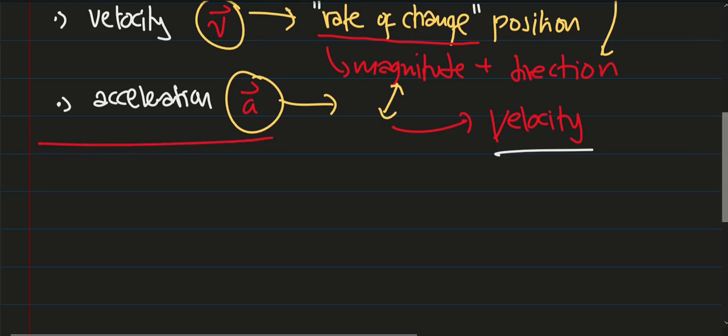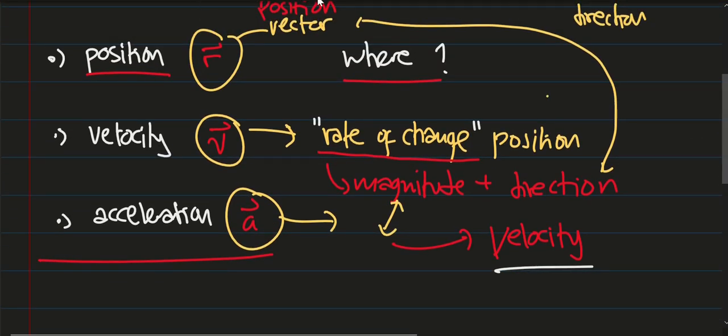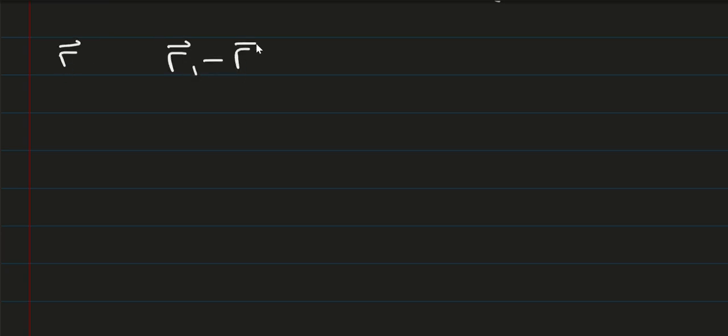Then we have these three: position, velocity, and acceleration as fundamental things. Taking our positions, r2 minus r1, a vector, explains a displacement.